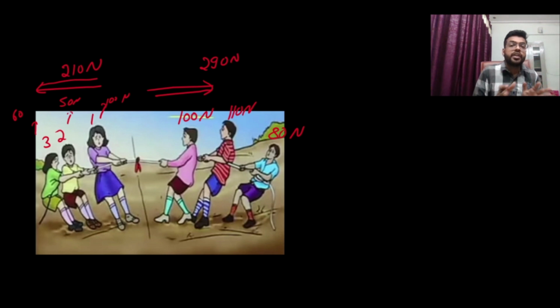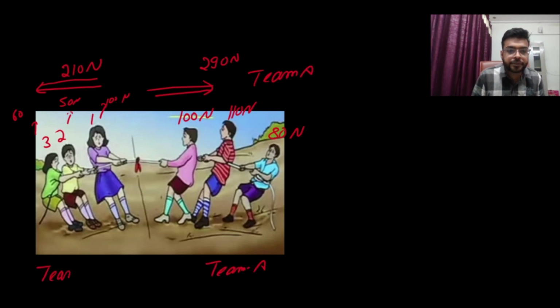Let's suppose this is your team A, and this is your team B. Your team B is applying the larger force. So what is the effect? This tug of war will be won by team B, because they are applying force with a larger magnitude.